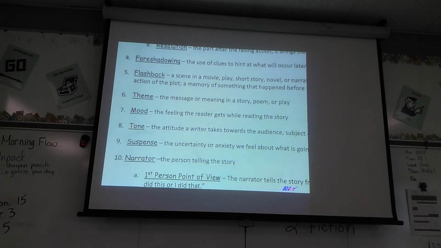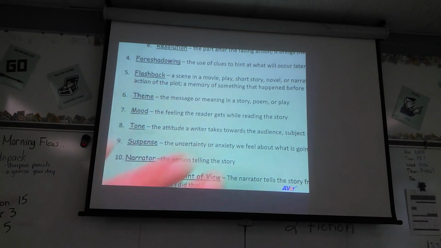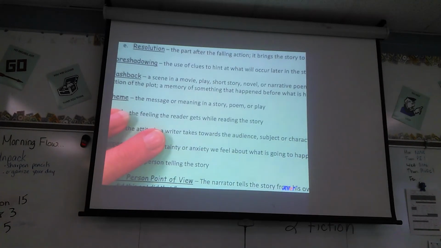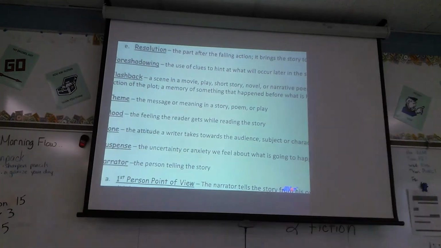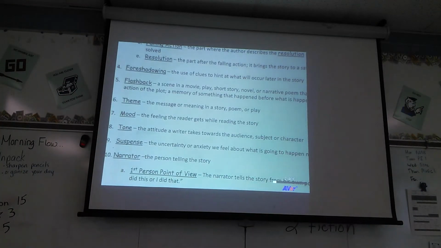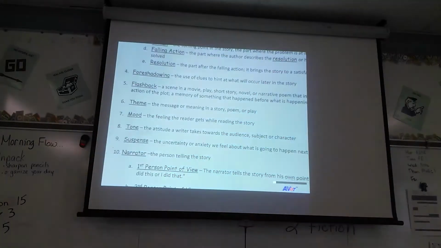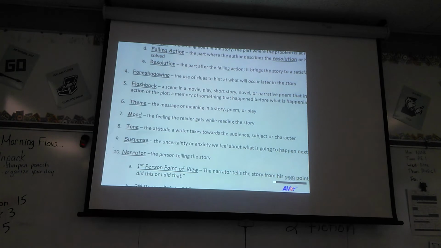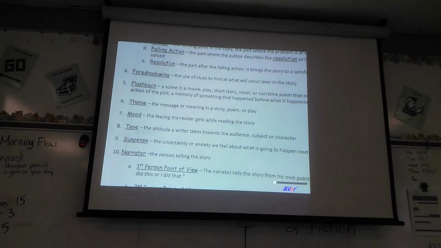Now, foreshadowing is when something is described in the story or occurs in the story that's going to hint at what will occur later in the story. Think about Front Desk, okay?